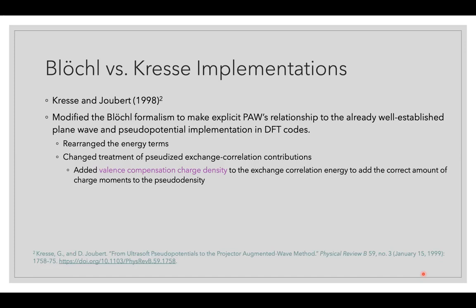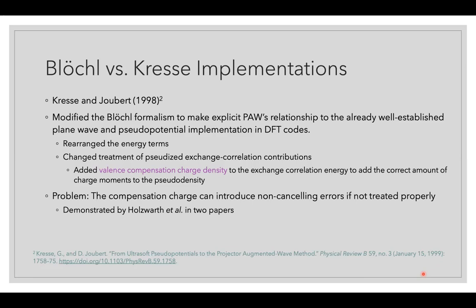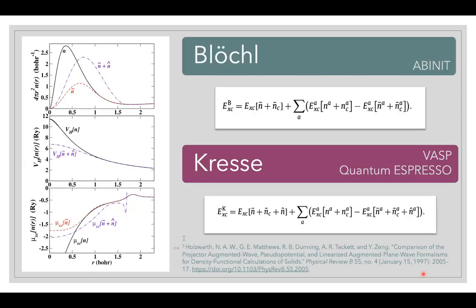It accurately represented the charge moments of the system. The problem with that is that the compensation charge has the capacity to introduce non-canceling errors if it's not treated properly. And this was demonstrated by Holzwarth and colleagues in two papers, which we'll describe briefly in the next slides.